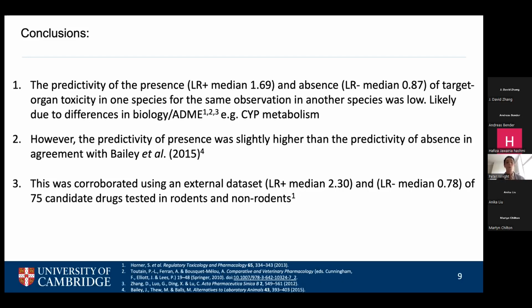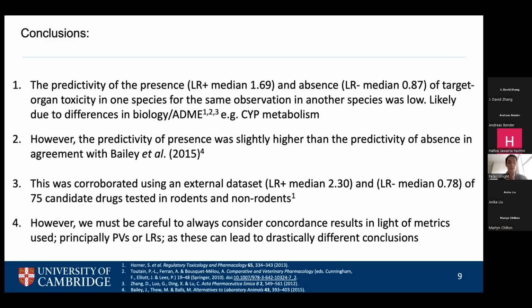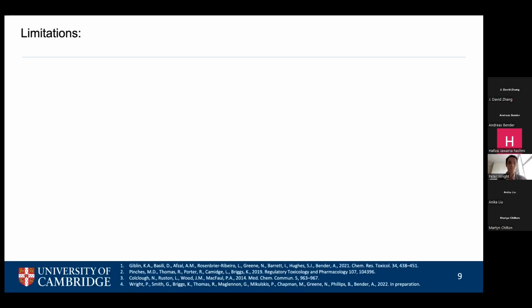Both results were corroborated using the external dataset from AstraZeneca, which tested 75 candidate drugs in rodents and non-rodents. And we must be careful to always consider concordance results in light of the metrics used, principally predictive values or likelihood ratios, as these can lead to very drastically different conclusions of how concordant toxicities are between species.